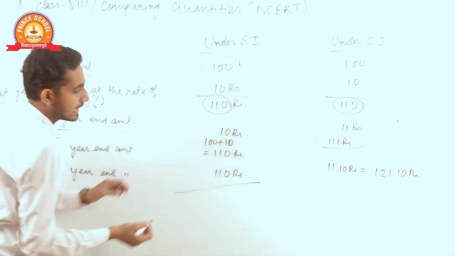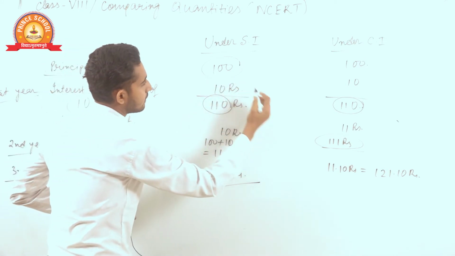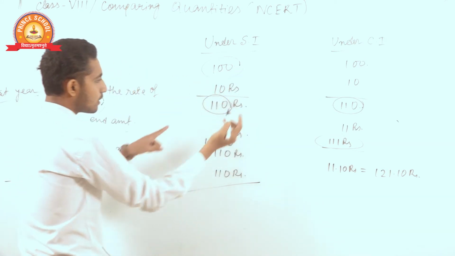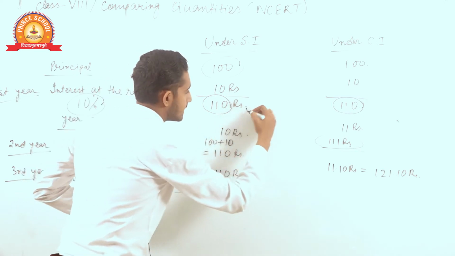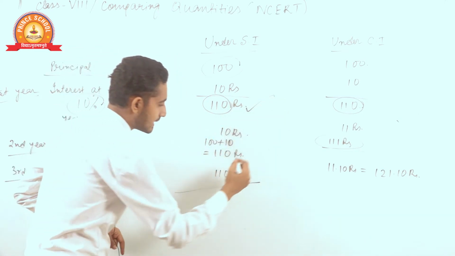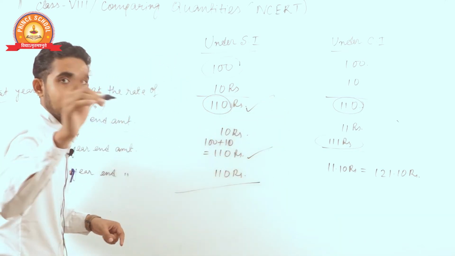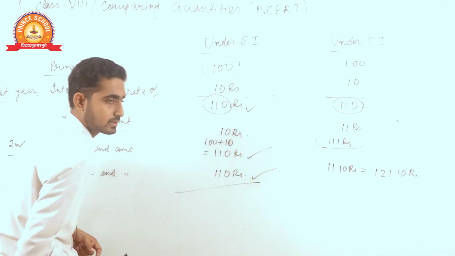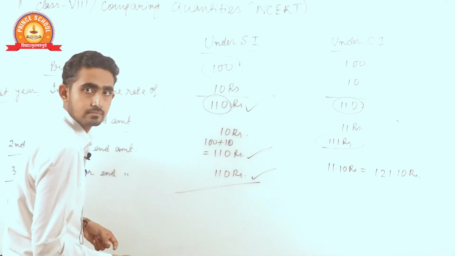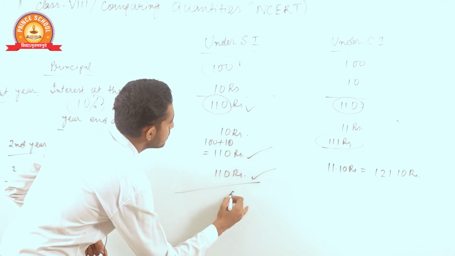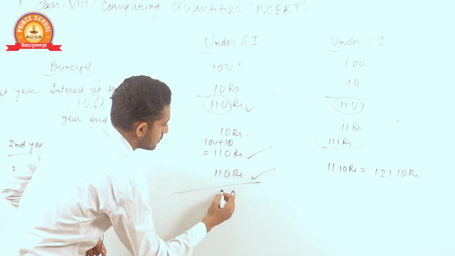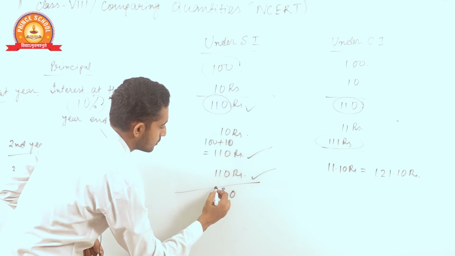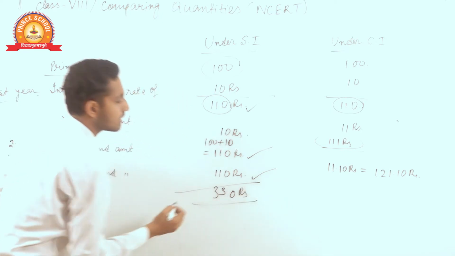Listen carefully. If we add, at the end of the first year, that is 110 rupees. At the end of the second year, that is 110 rupees. At the end of the third year, that is 110 rupees. So total how many? Yes, 0, that is 3, that is 330 rupees.